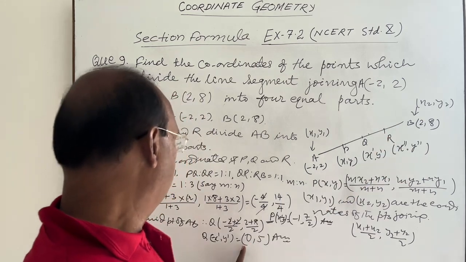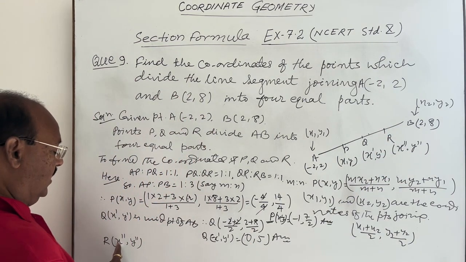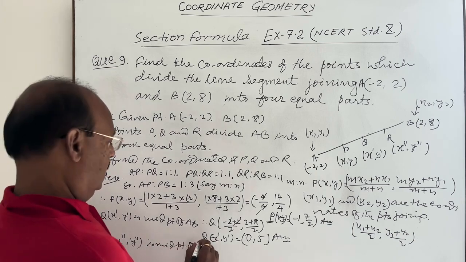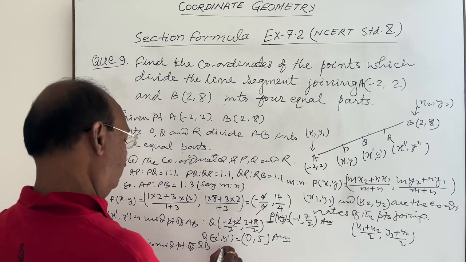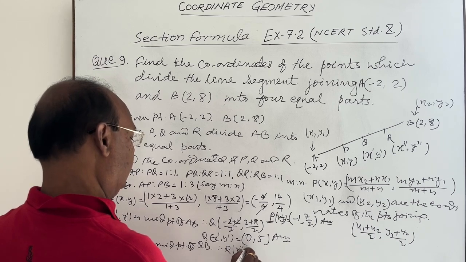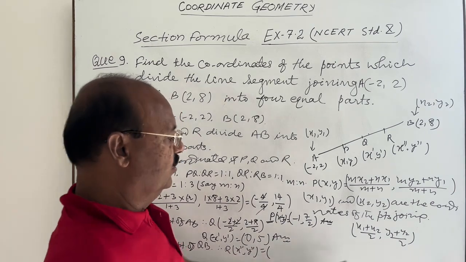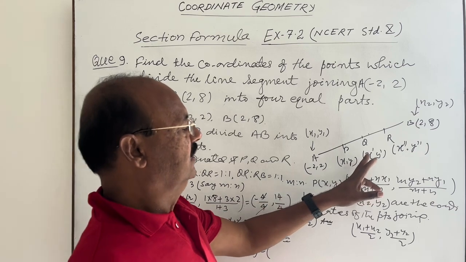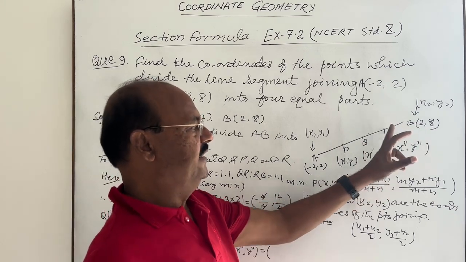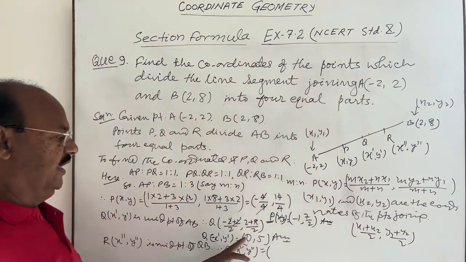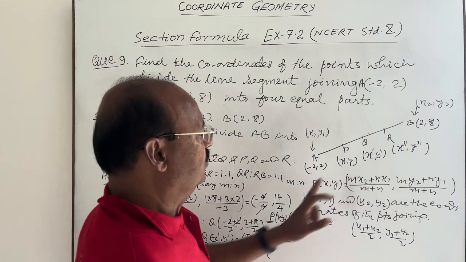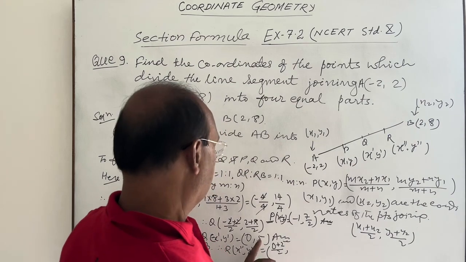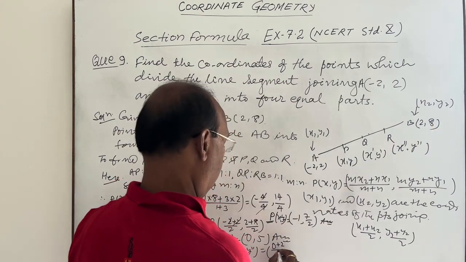We have got the coordinates of Q. So the x coordinate will be 0 plus 2 divided by 2, and the y coordinate 5 plus 8 divided by 2.